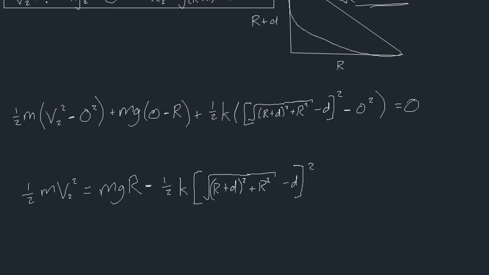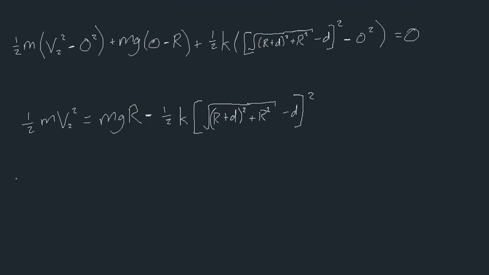Let's see if we can simplify this a little bit more. If we times by 2 and then divide by m, then we're left with v2 squared equal to 2gr minus k on m times by whatever this beast is.